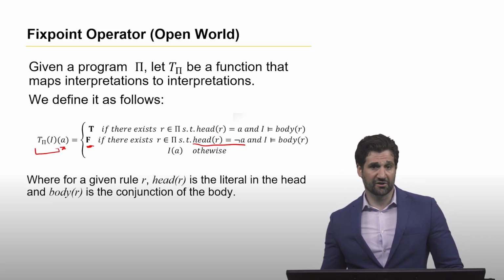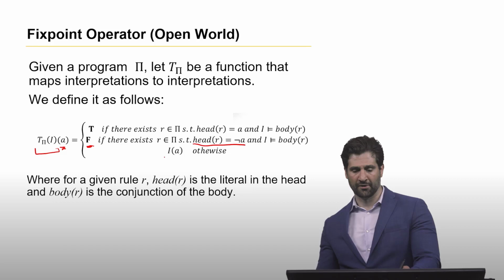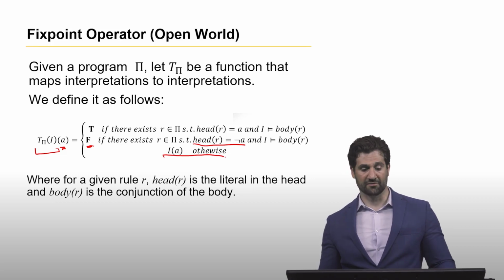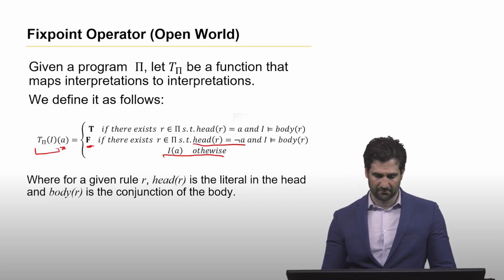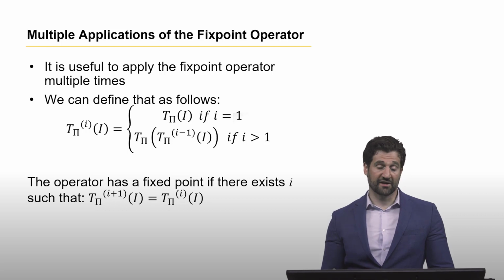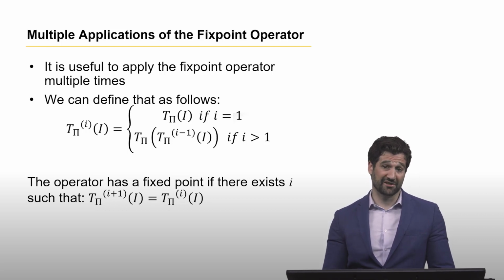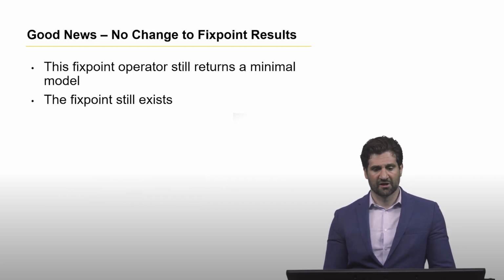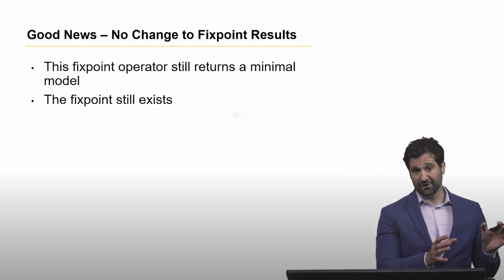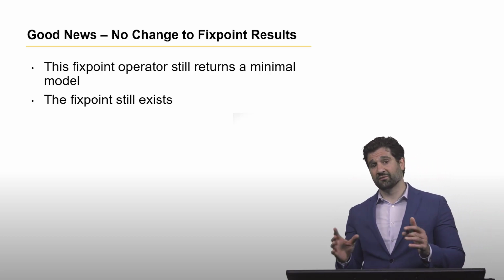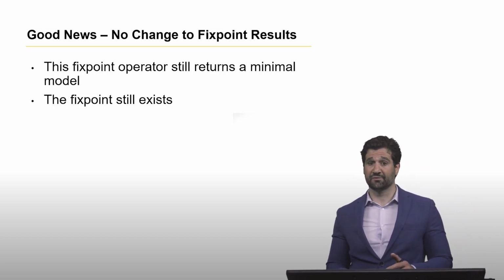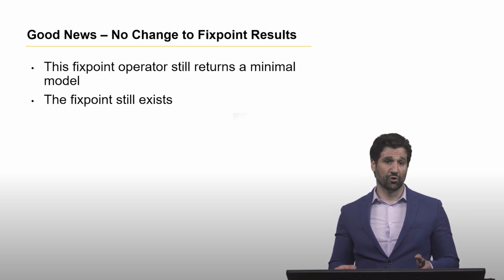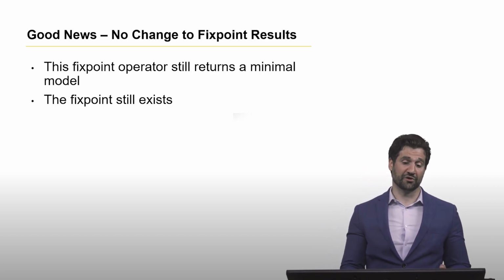And if neither of those things hold, well, we're just going to keep whatever A was on the input. And again, we can define multiple applications of the fixed point operator here, and this allows us to do multi-step inference. And so with that really strong assumption I had early on, we can still be assured that the fixed point operator will return a minimal model and the fixed point still exists.